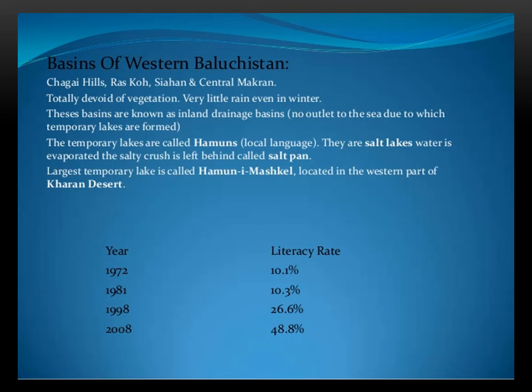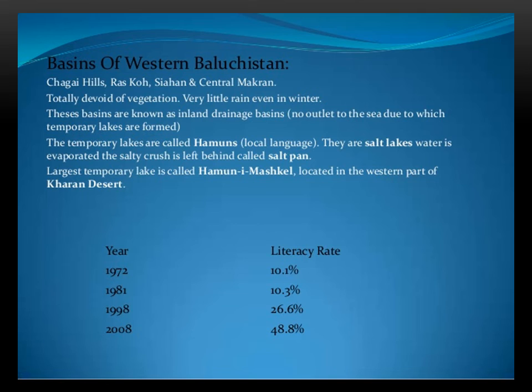These basins have no outlet to the sea, no path to the sea. Therefore, when rain, which is infrequent and insufficient, does fall, it drains into temporary rivers and streams which flow into the basins and either soak into the ground or gather in temporary lakes.